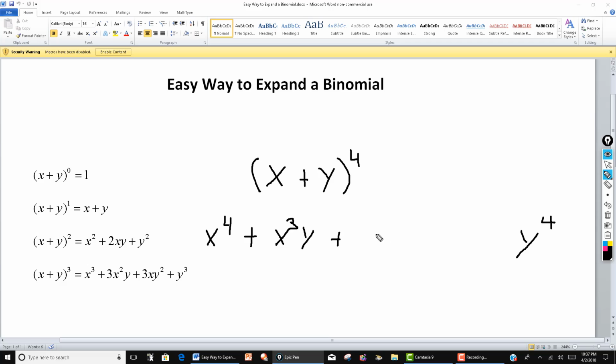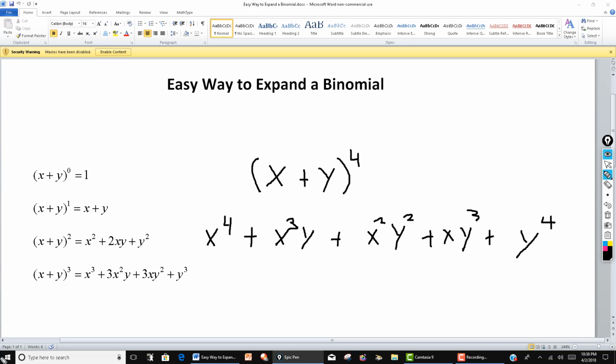The next one should be x squared y squared. One increases, the other one decreases. Plus, the next one should be x y to the 3rd. And the next one should not have an x, because from x to the 1st, I go to x to the 0. That's just going to be 1. So there you have it.